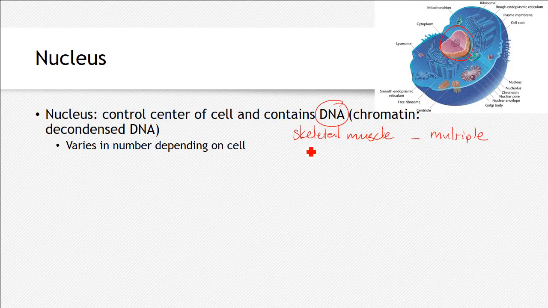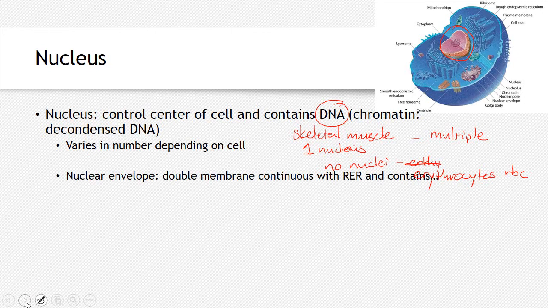Most cells have just one nucleus, but there are some cells that have no nuclei, like the red blood cell, or erythrocyte. Red blood cells don't have any nucleus because they used to have a nucleus, but they took it away. We'll talk more about that when we get into the cardiovascular system.